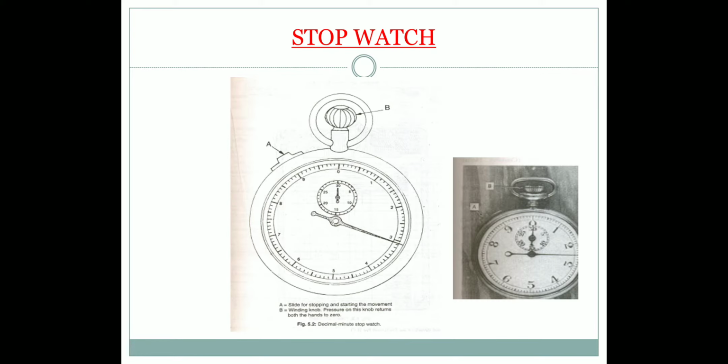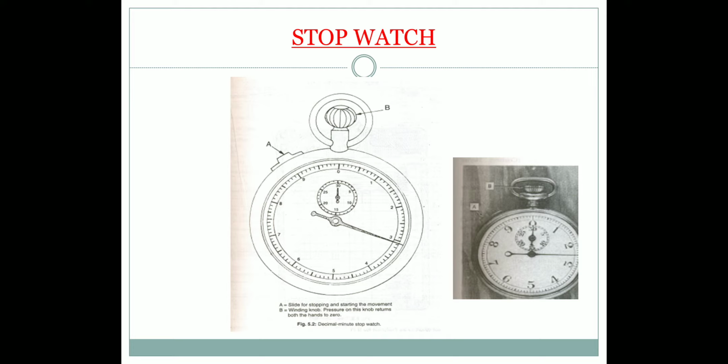Now you can see the figure of a stopwatch. A decimal stopwatch has two hands. The small hand represents minutes on the dial and completes one revolution in 30 minutes, and the large hand represents centiminutes. 1 centiminute is equal to 1 upon 100 minutes, and it completes one revolution in 1 minute, and each division on the large dial represents 0.01 minute.